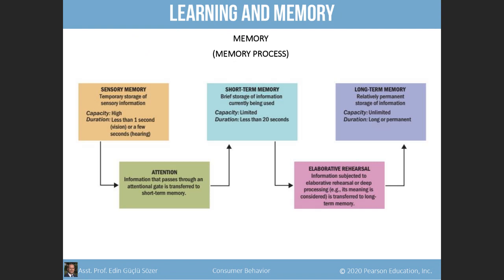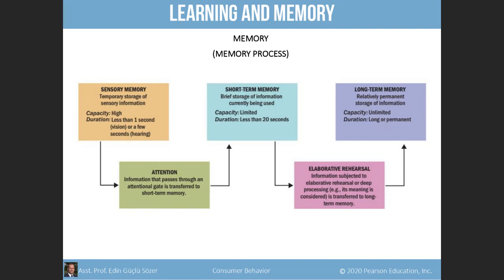So here we see how this whole process works. Our sensory memory has the capacity to store some sensory information like smell, sight, sound, touch, feeling, etc. This sensory information is kept in the sensory memory only a couple of seconds.